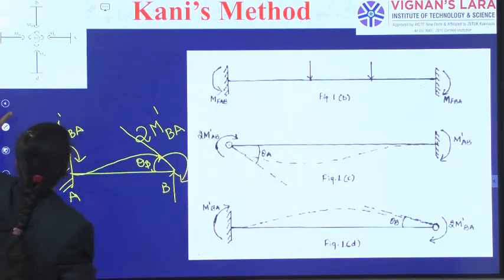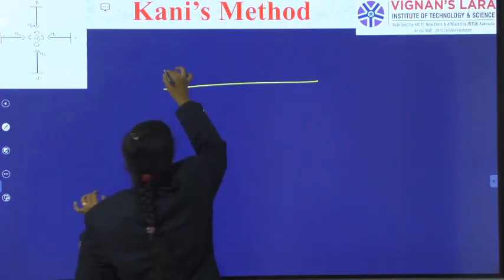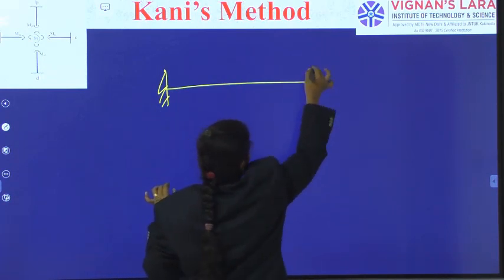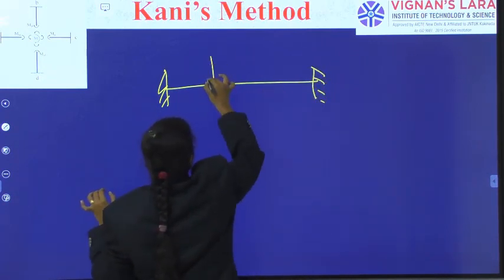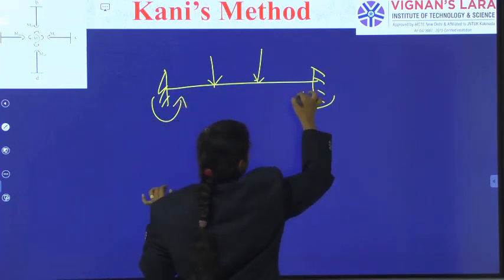So the next point is considering the original structure as a fixed beam, calculating the fixed end moments.